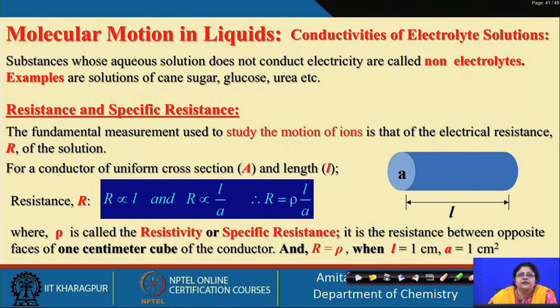Now, what is resistance and what is the specific resistance? The fundamental measurement used to study the motion of ions is that of the electrical resistance R of the solution.